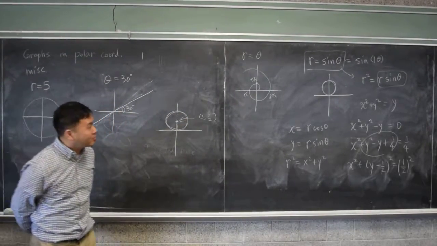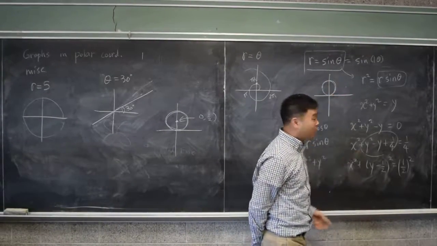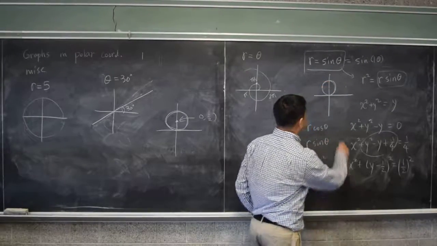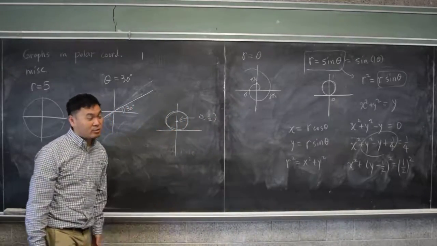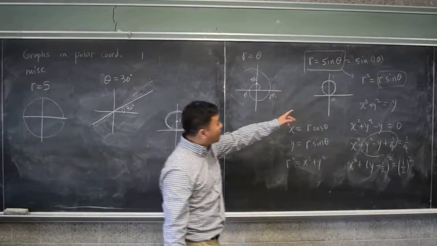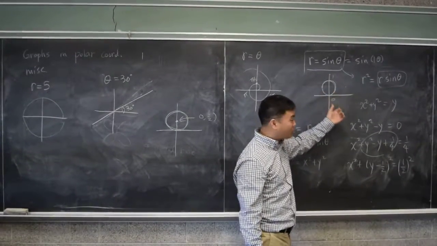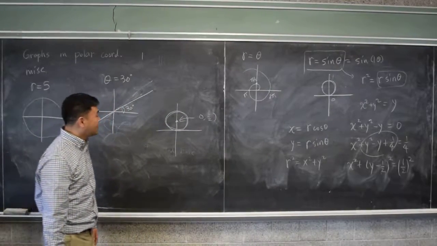So as I said over here, this actually produces a circle of radius 1/2 passing through 1, 0. It's actually a perfect circle. If you just drew tables and drew this, you wouldn't have known that it's a perfect circle. But once we change it to this, now we know that it's a perfect circle.